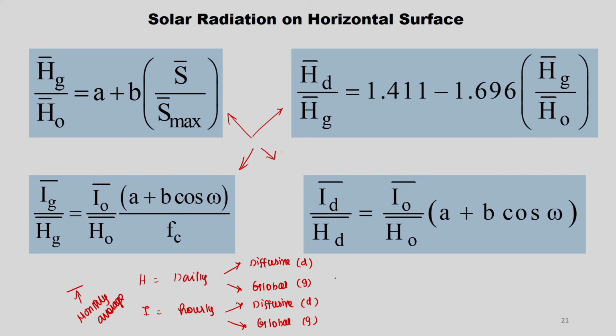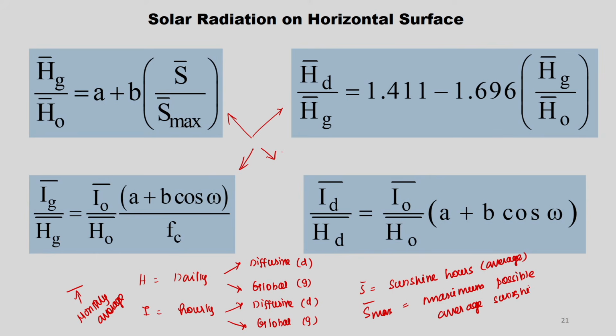And then here we see S bar, which is nothing but the sunshine hours for a day, and S max is the maximum possible. So, the bar is the average, and S max is the maximum possible average sunshine hours, or we can call it the day length as well.